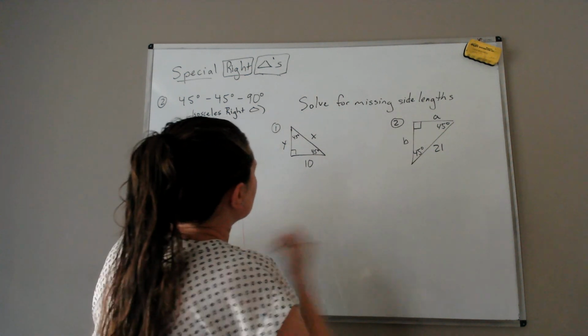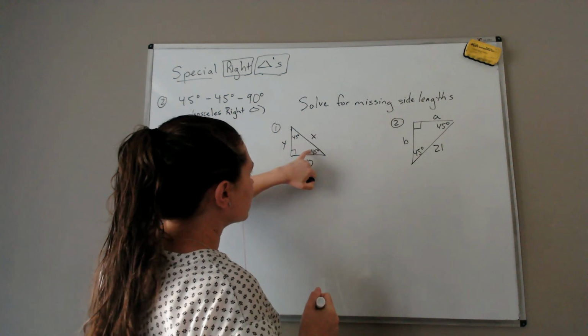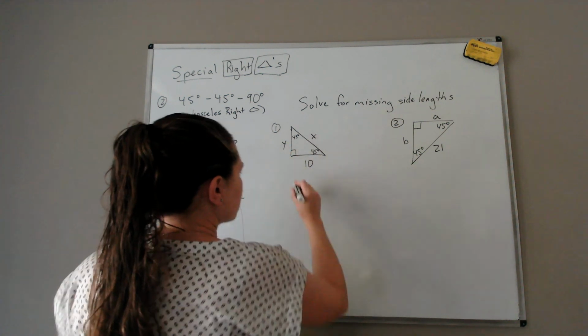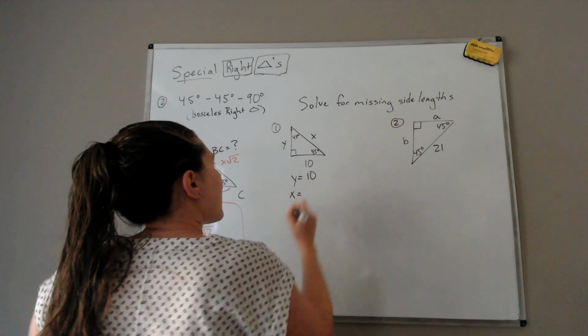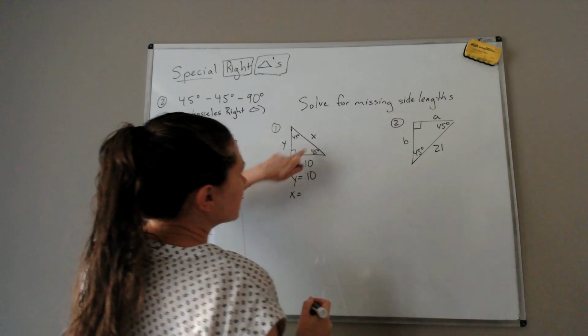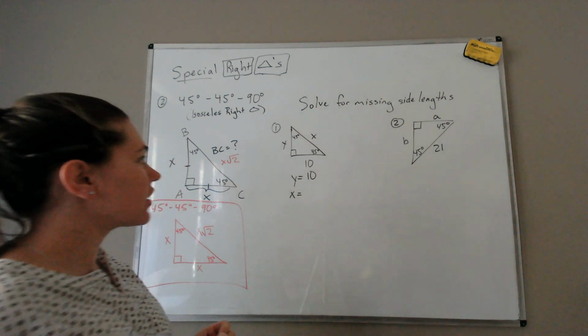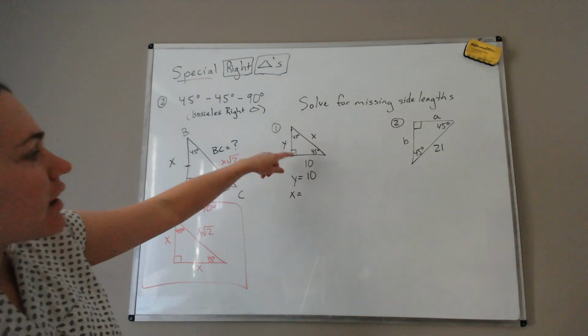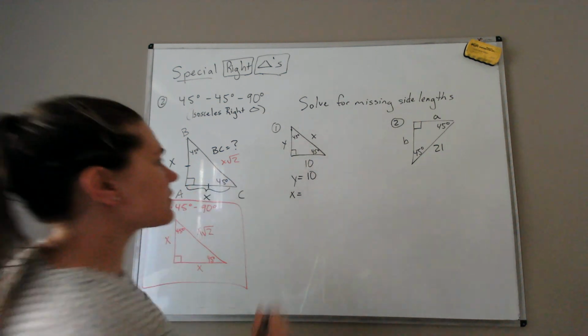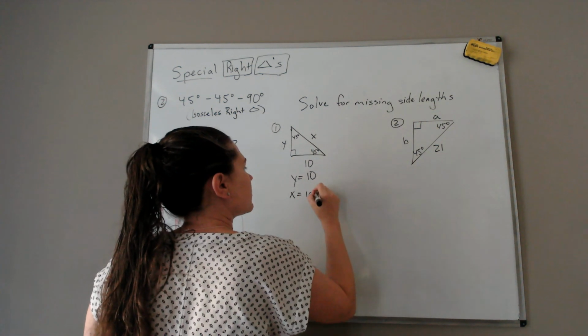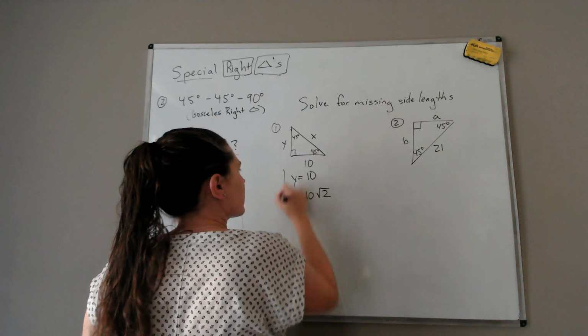The other angle is also 45 degrees, so whatever's opposite that has to be the same. So y is 10. The side length opposite 90 is referenced as x here, and opposite 90 is always whatever is opposite 45 times the square root of 2. So this is just 10 square root 2.